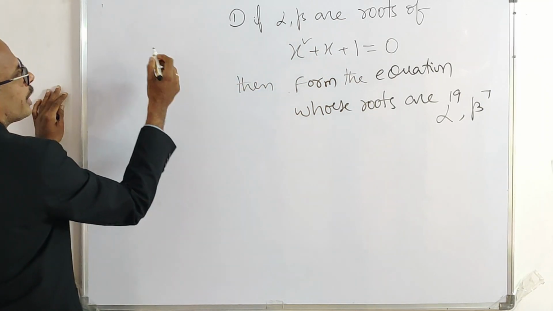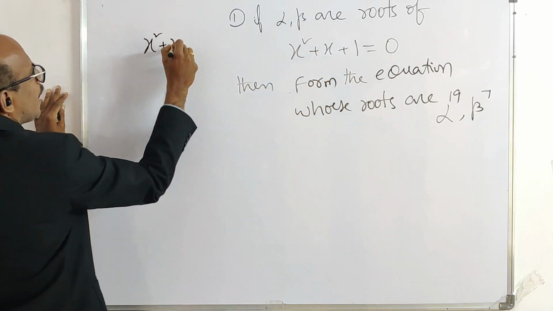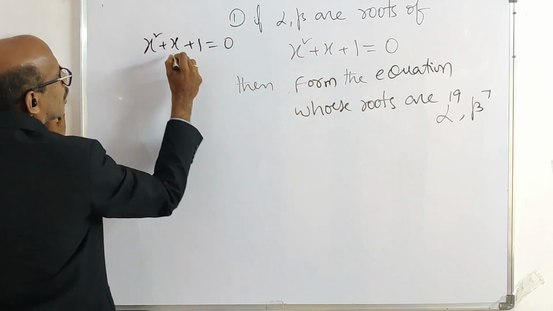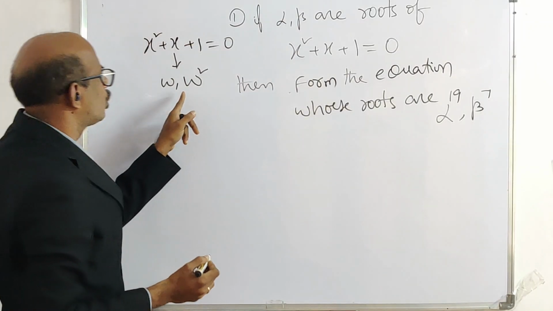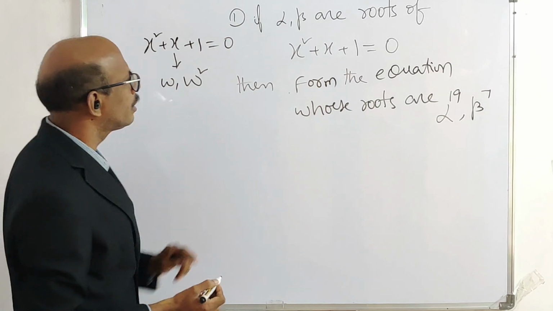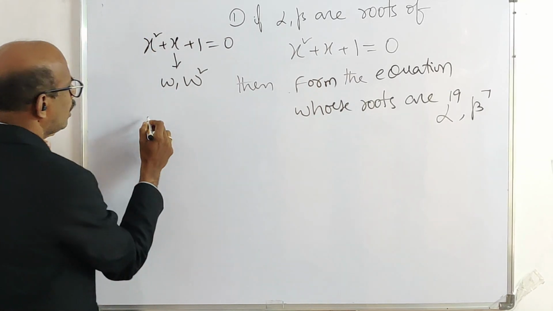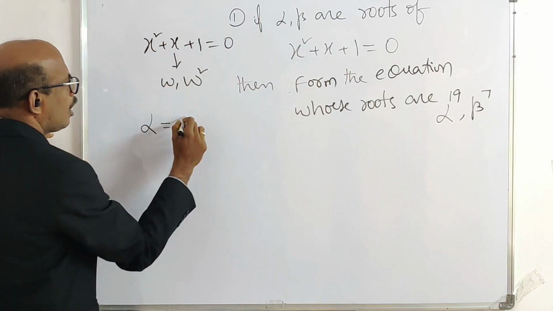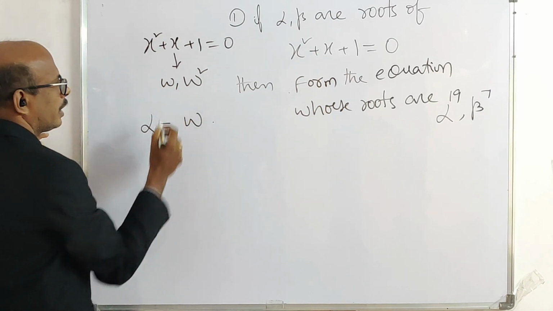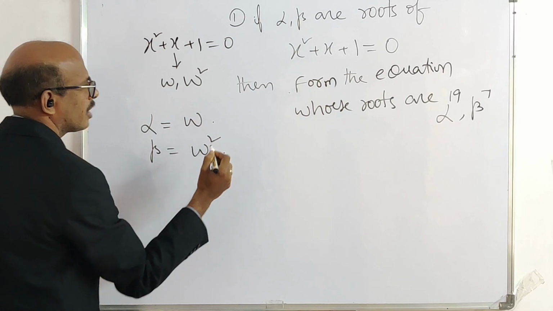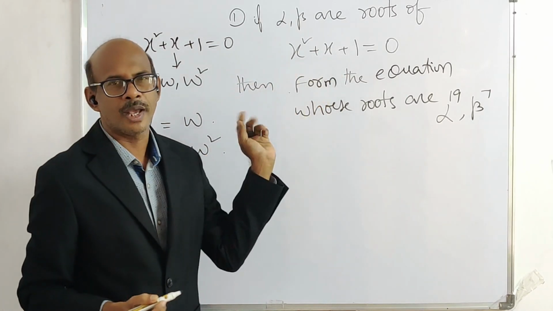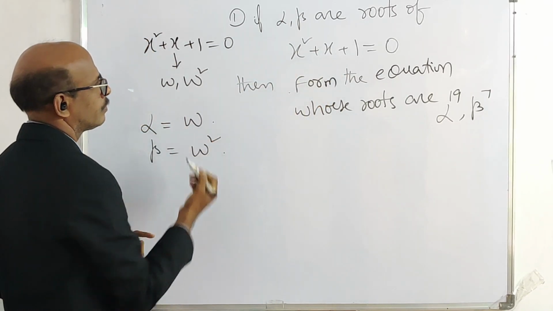Here, alpha, beta roots means, you know very well, for this equation the roots are the standard omega, omega square, the complex cube roots of unity. Here alpha is omega and beta is omega square.